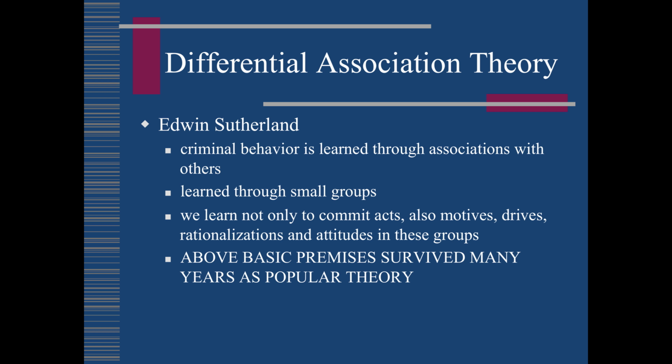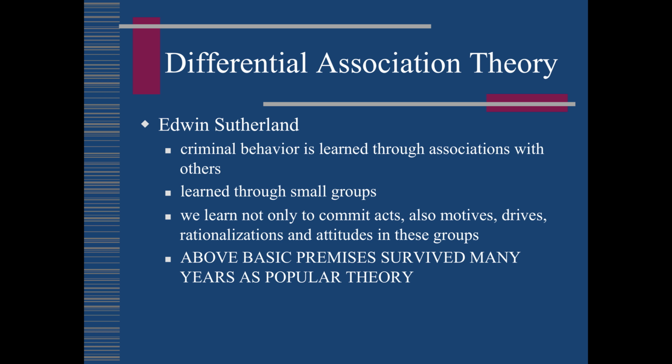Sutherland started developing his theory in the late 1930s and revised it until publication in 1945. Sutherland had a number of important ideas and principles that he based his theory upon. These ideas are that criminal or delinquent behavior is learned. It's learned through both verbal and nonverbal communication.